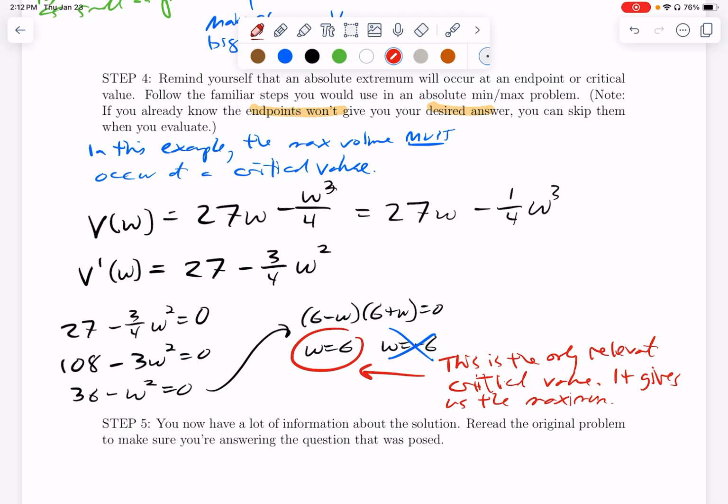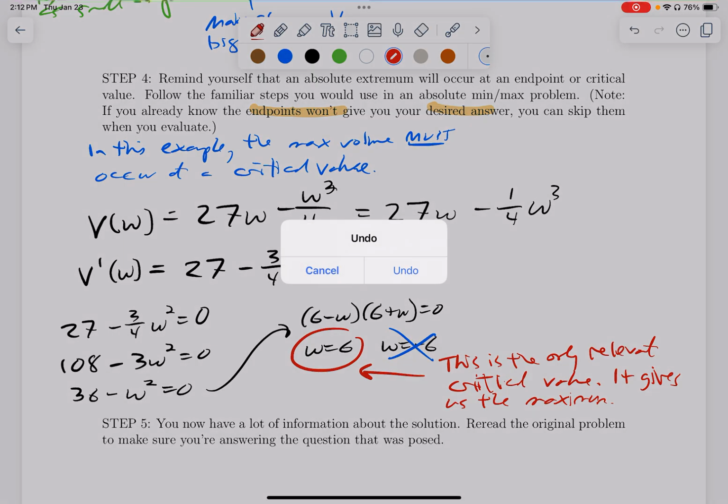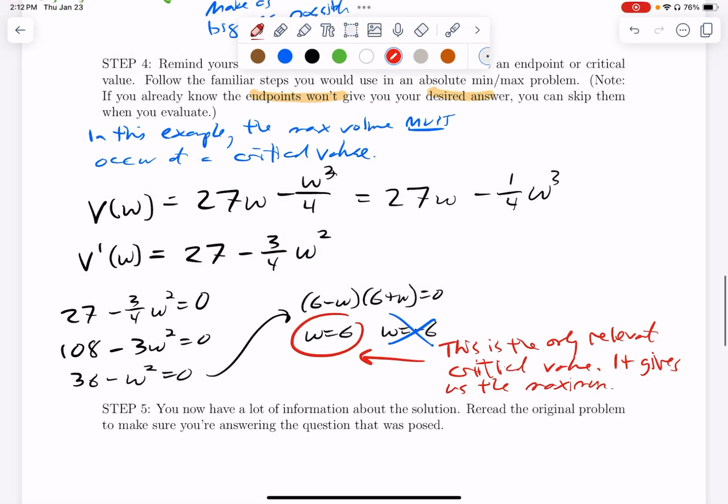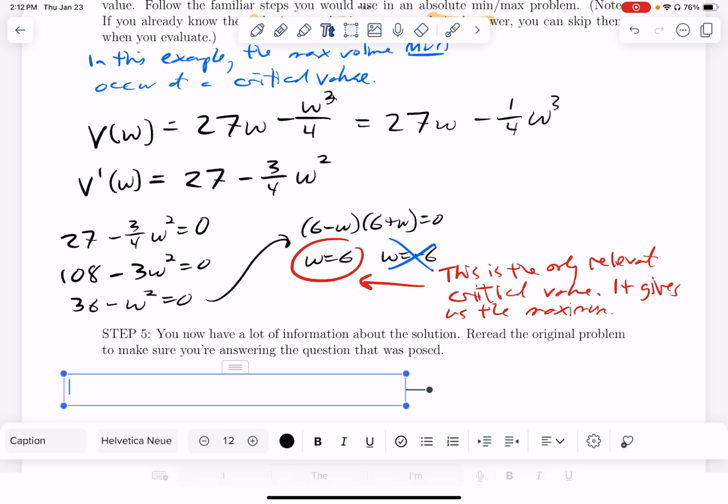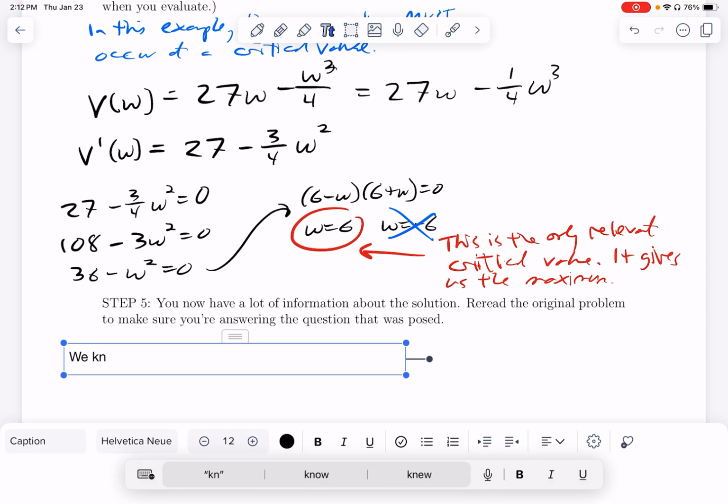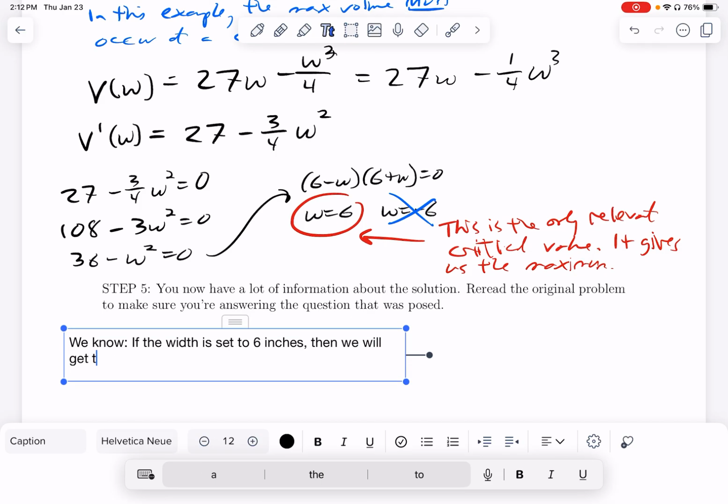So we know something really important, but we haven't necessarily answered the question. I'm going to type what we know so far. What we know so far, that if the width is set to 6 inches, then we will get the maximum possible area.